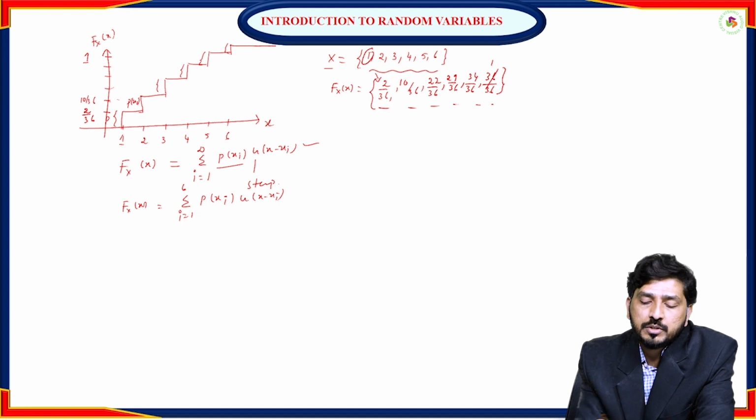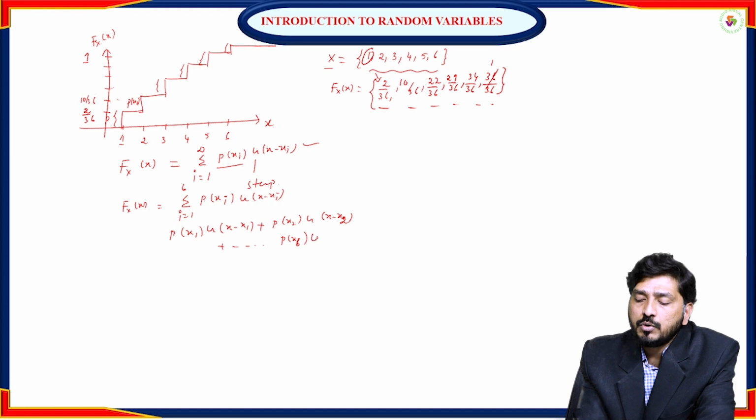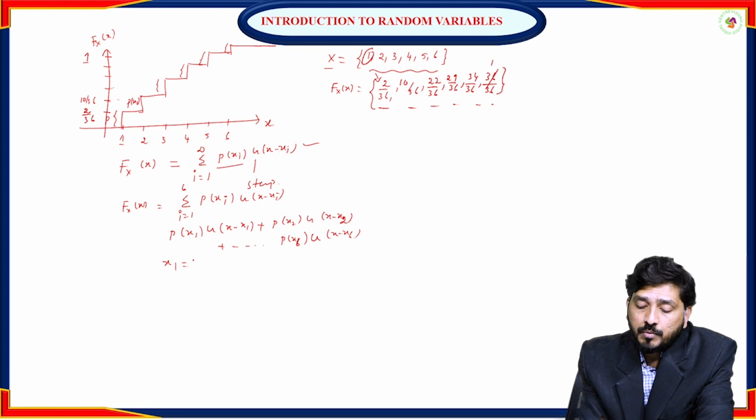Now remove the summation and write down, in place of i, first x1: probability of x1 u of x minus x1, plus probability of x2 u of x minus x2, and so forth, up to probability of x6 u of x minus x6. Now replace x1 with 1, x2 with 2, x3 with 3.